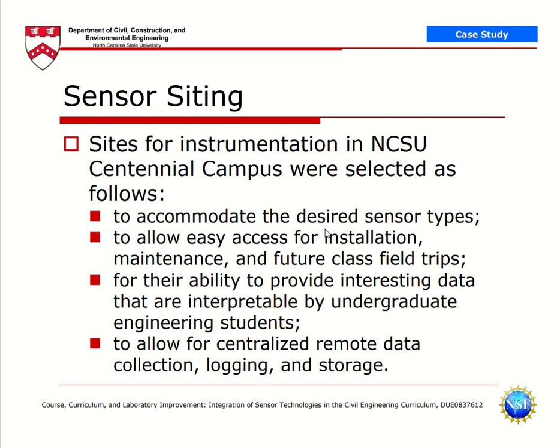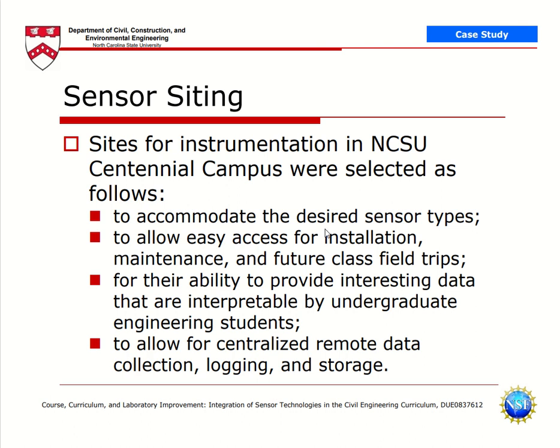So how did they select the sitings of particular sensors? Firstly, they checked whether the sensors accommodate the desired sensor types or not. Then they checked if the sites allow easy access for installation. Maintenance and future class field trips should be suitable or not.